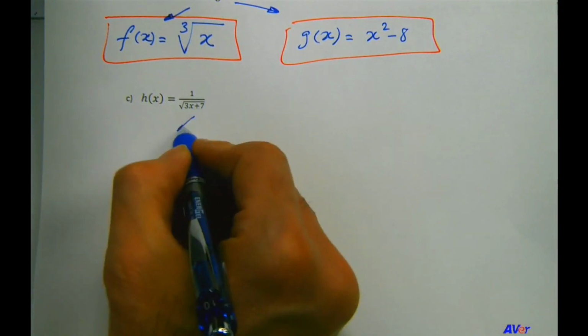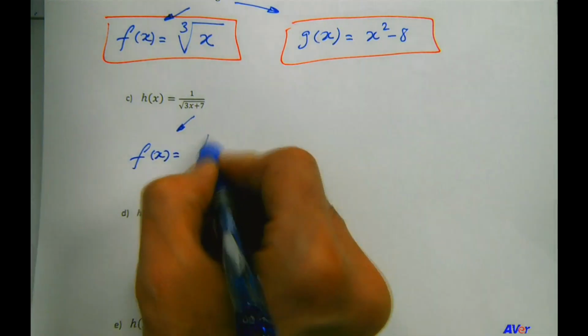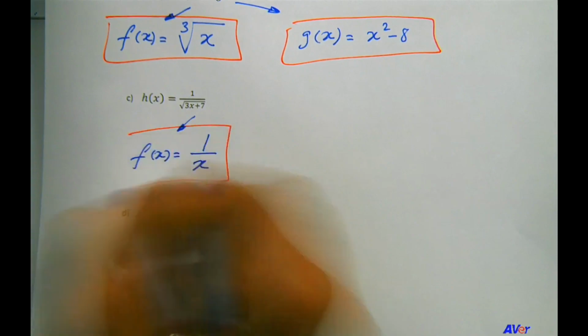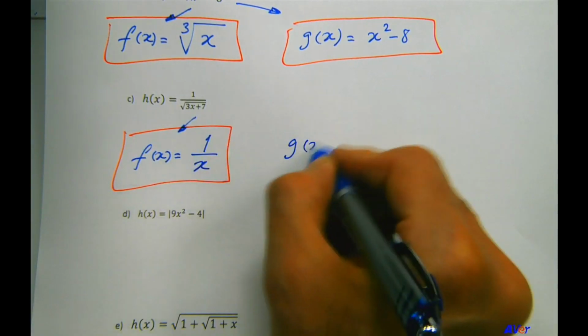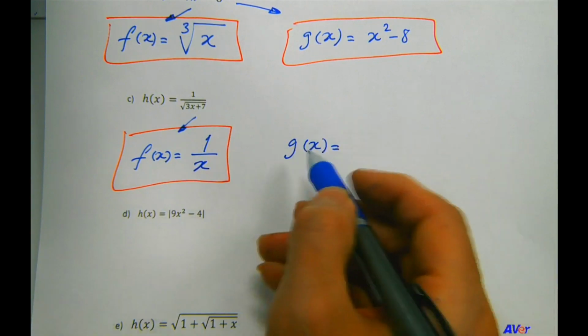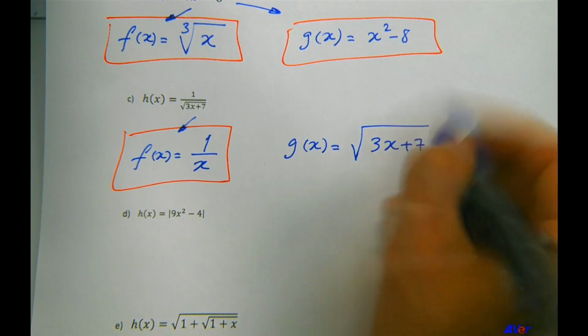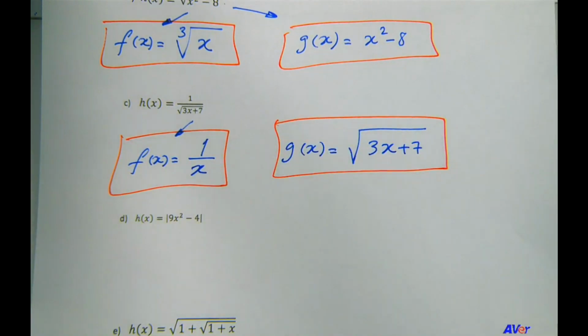So function f could be something like this, 1 over x. Right? Just 1 over x. Function g then could be square root of 3x plus 7. Like that.